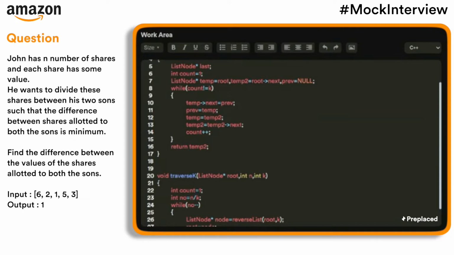So your output would be one. This is one possible solution, how you'd separate the shares, and the difference would be one because this totals up to nine and this is eight.